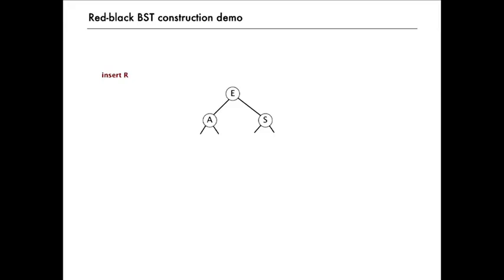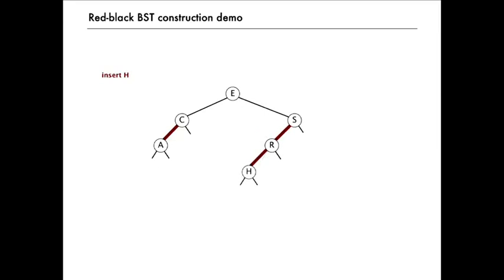So now if we insert R into this one, then it goes on a red link to the left of S, and that's fine, it's a red-black BST. And now if we insert C into this one, it goes less than E, greater than A. It's a red link connecting A and C, but it's leaning the wrong way, so we have to do a left rotation. Legal red-black BST.